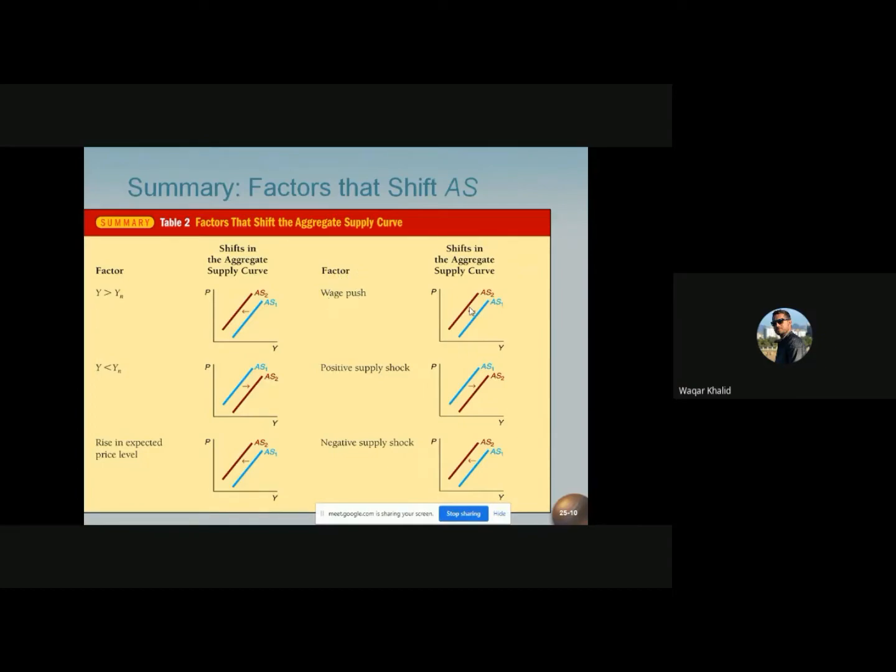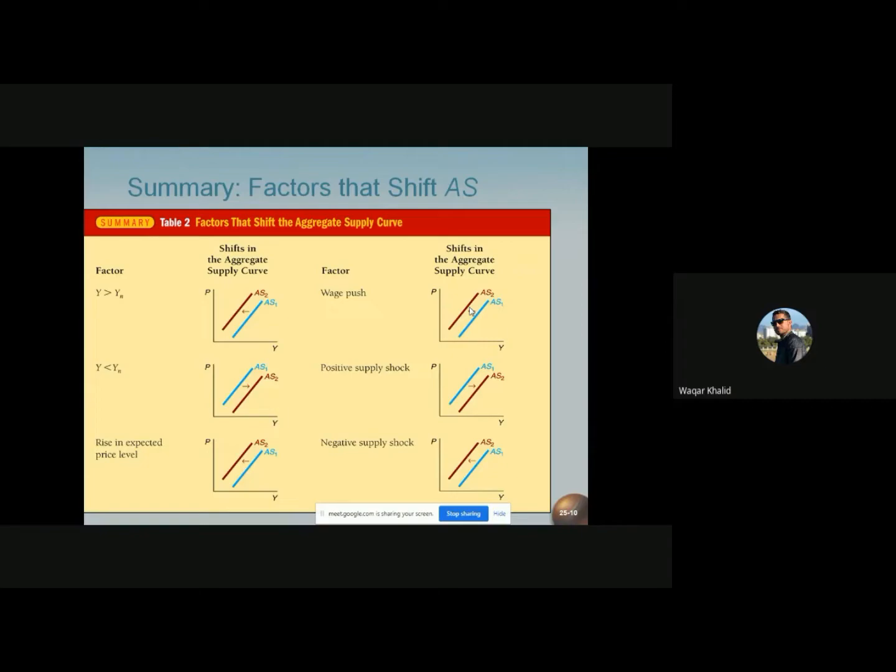For example, there is a person and his fellows who are working in a construction industry. Suppose Chuck and his fellow construction workers decide to strike and succeed in obtaining higher real wages. This wage push will then raise the cost of production and the aggregate supply curve will shift leftward.